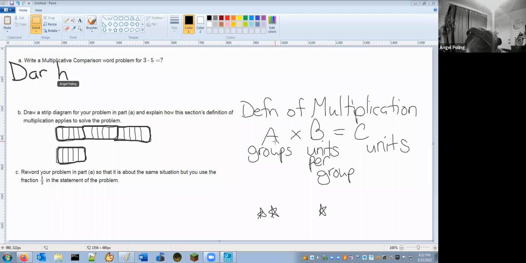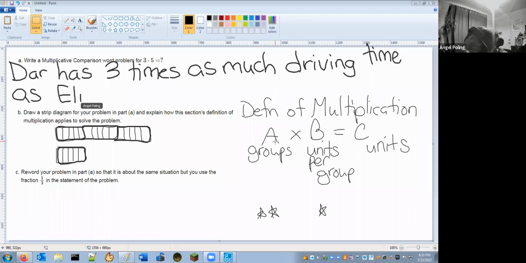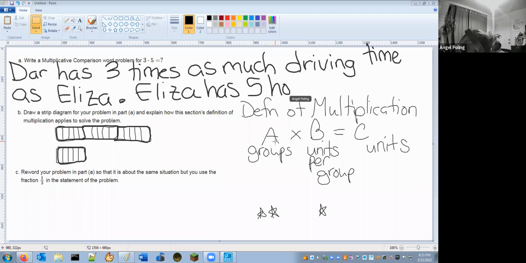Dar has 3 times as much driving time as Eliza. Eliza has 5 hours of driving time.